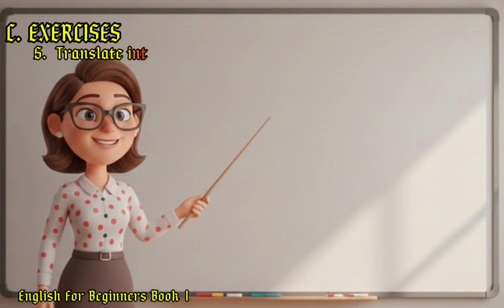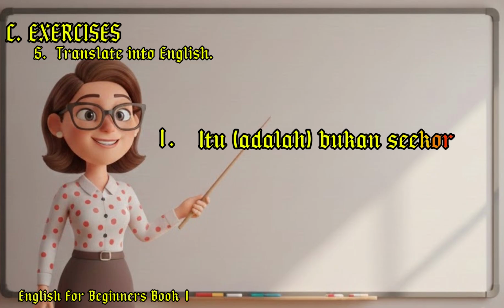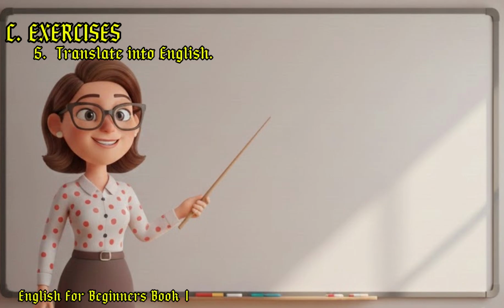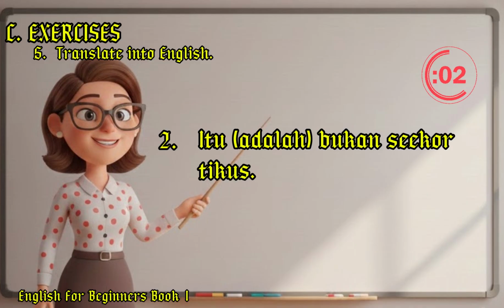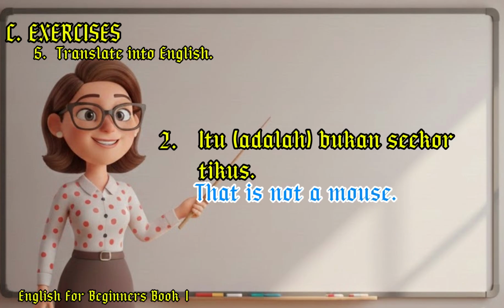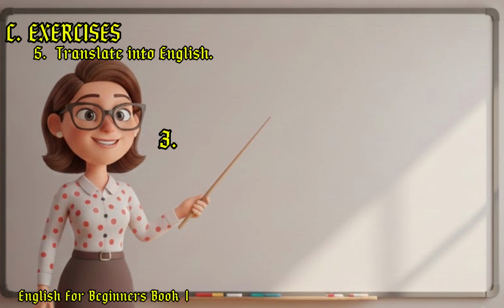5. Translate into English. 1. Itu adalah bukan seekor unta. That is not a camel. 2. Itu adalah bukan seekor tikus. That is not a mouse. 3.